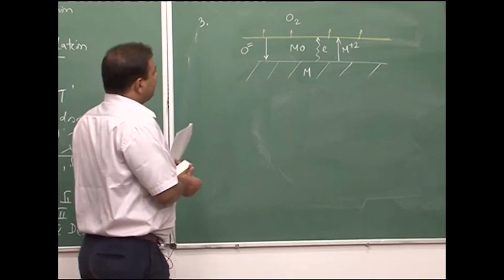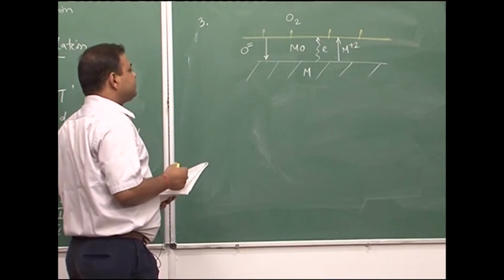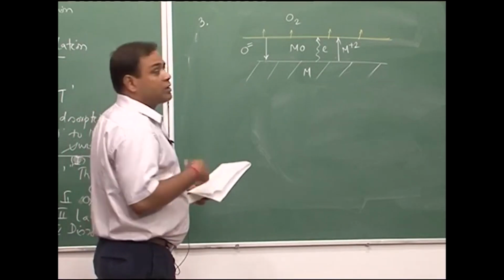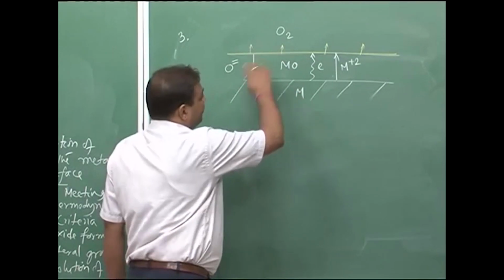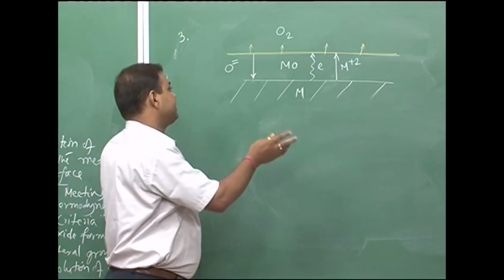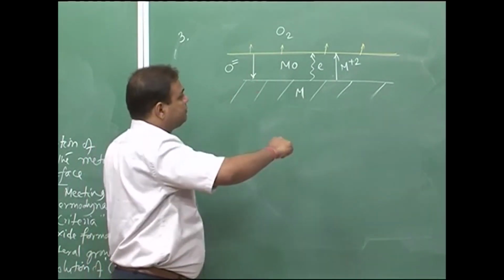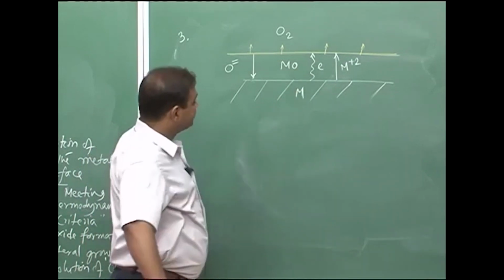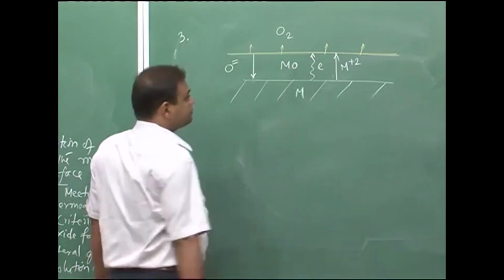So, now from this picture we can also have some sort of correlation between oxidation and aqueous corrosion. At this point we see that oxygen is diffusing in, or metal ion can diffuse out through this metal oxide layer, and there could be electron transfer from this surface to this surface.